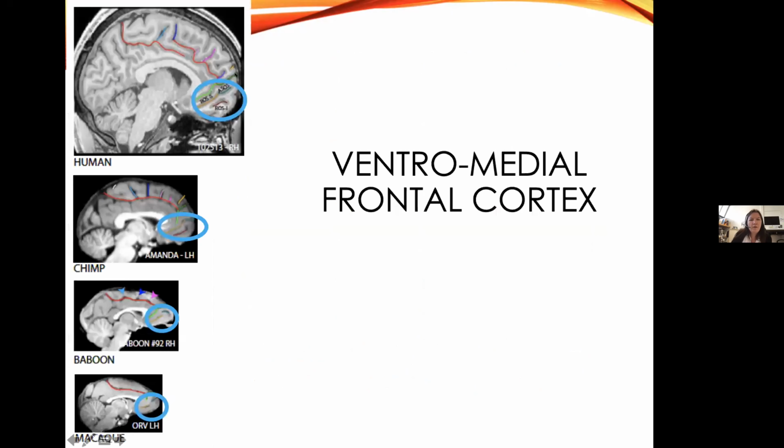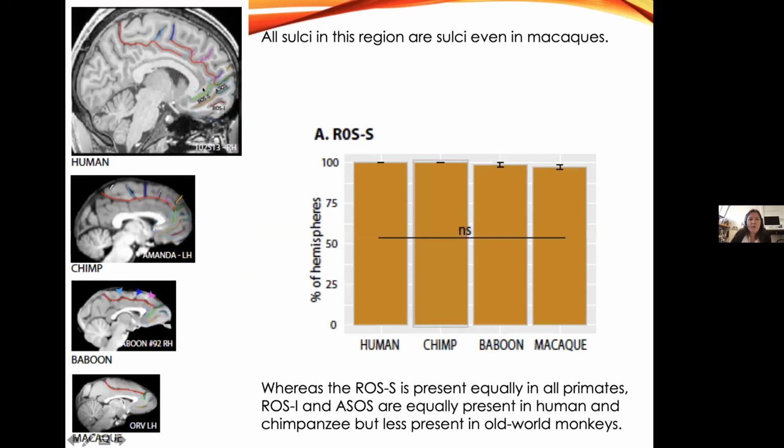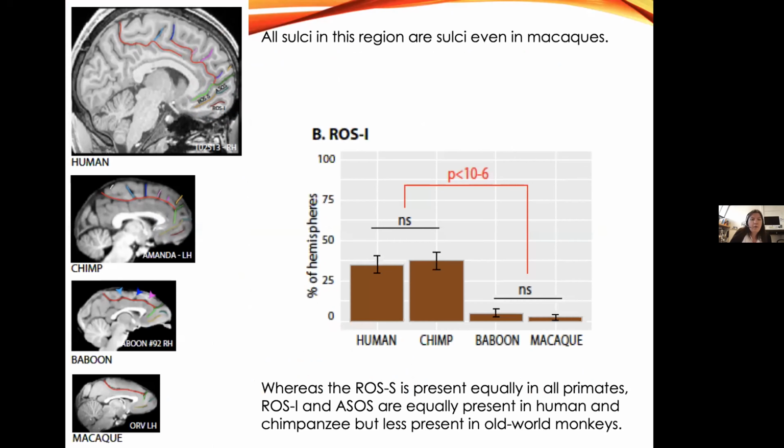If we look now at the ventromedial frontal cortex, this region is characterized by 3 sulci. The superior rostral sulcus here seems to be really an old sulcus, present in all primate brains in almost 100% of hemispheres. The inferior rostral sulcus here is a secondary or tertiary sulcus. It's there only in about 30% of hemispheres in human, and in chimp it's similar.